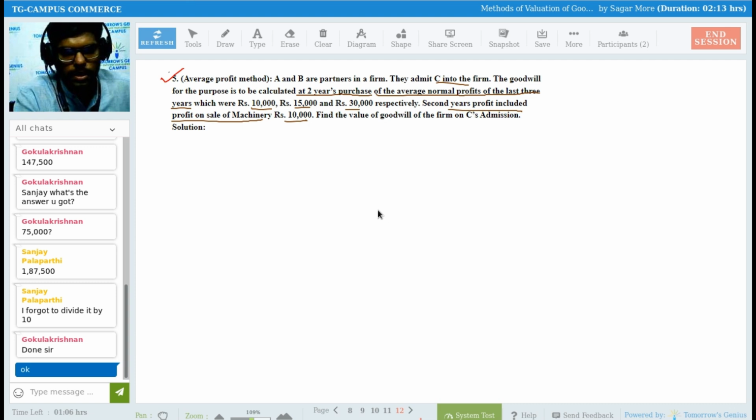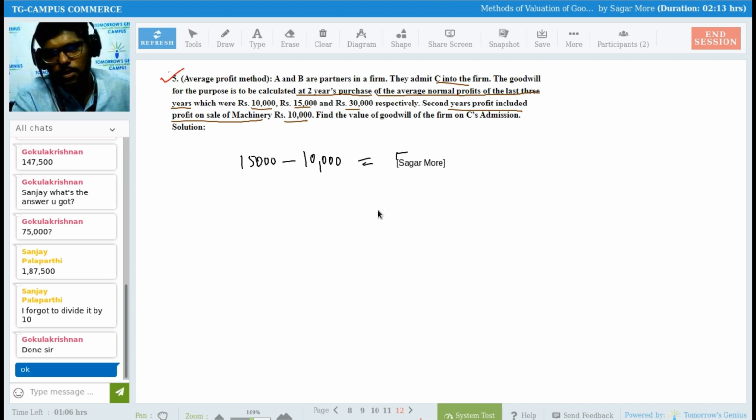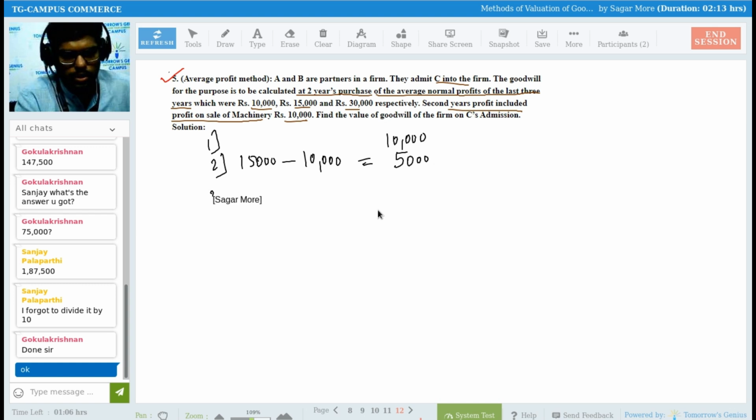So what do I need to do? It is related to the second year, no? Second year profit given is 15,000. From that 15,000, I need to subtract 10,000 rupees, right? So my correct profit of second year is 5,000. First year profit I consider as it is, 10,000, and third year 30,000.